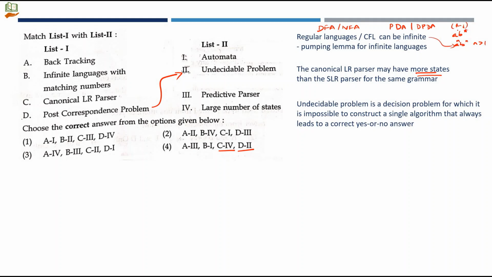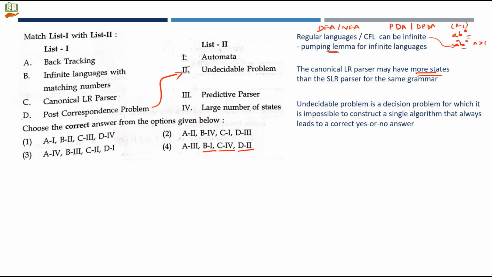In this case, can you say how many B's are there? It is infinite. Similarly, when I say n is greater than 1, it can be any n that goes above 1. So here also it is infinite. Only with infinite examples they would have proved the pumping lemma property. We can map infinite languages with matching numbers to automata.